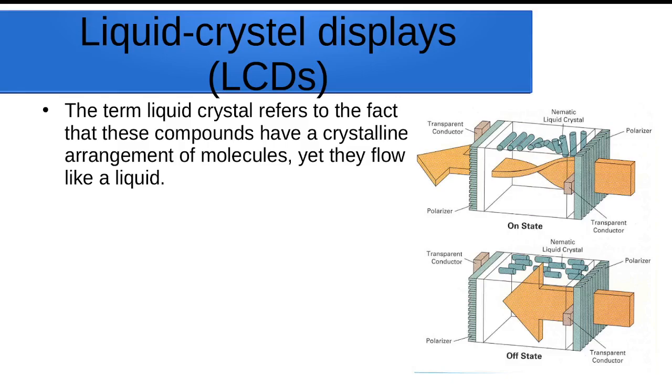A few more things to understand: you have two glass plates, and on one side there are vertical polarizers, on the other side horizontal polarizers. So whenever light is coming, it can go through only one of the polarizers. Now there are two transparent conductors.